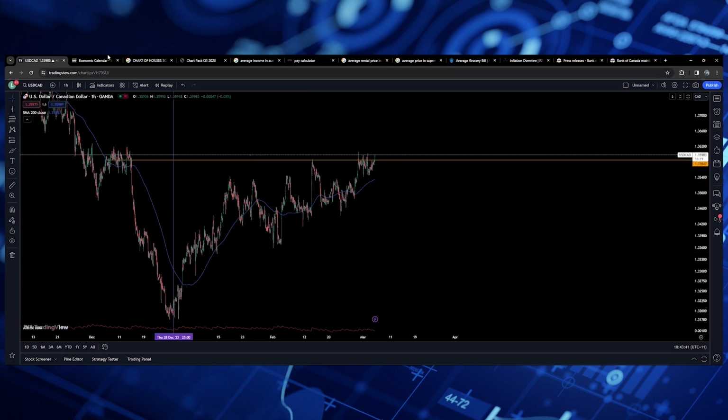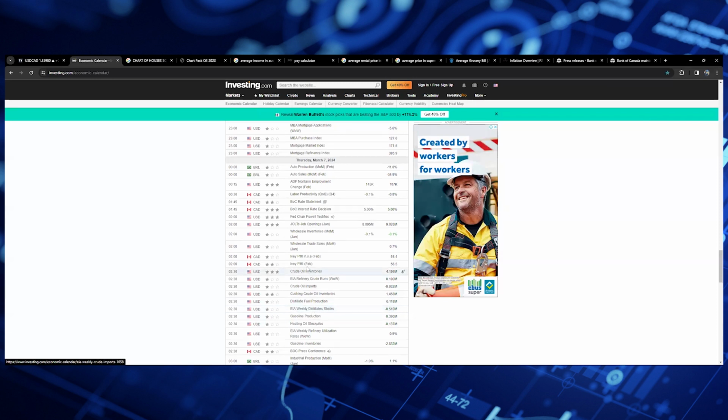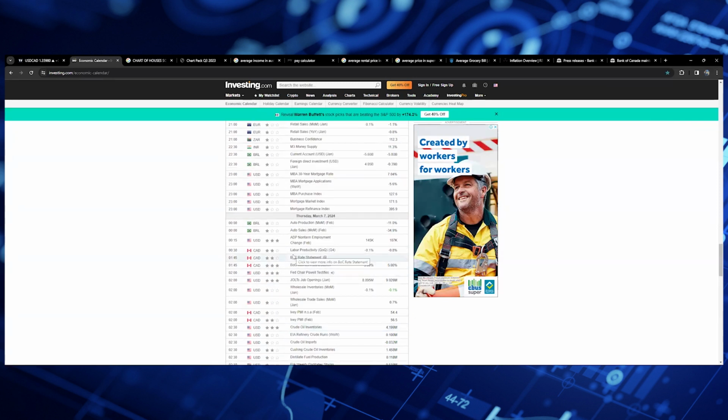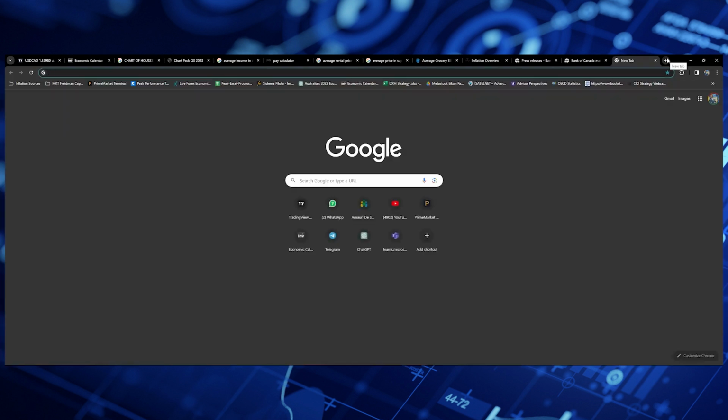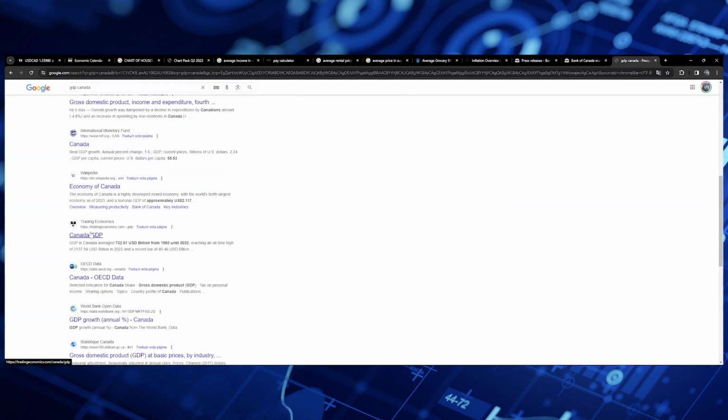Well, if we look to the data, where is it? If we look to the data, it's not coming good in Canada. Like the GDP of Canada, let's have a look here. There we go.